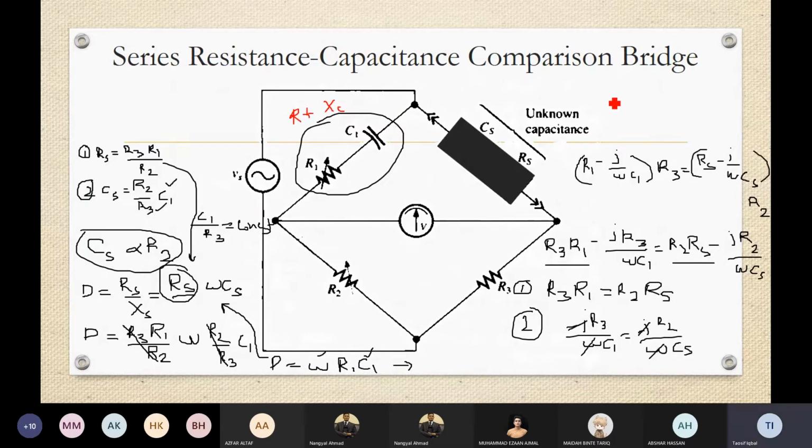Or another way around, we can write it down like this.